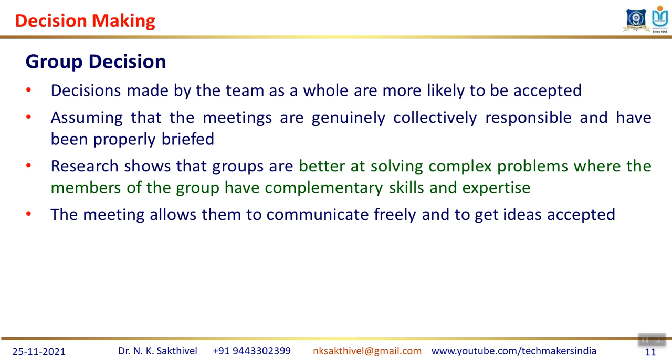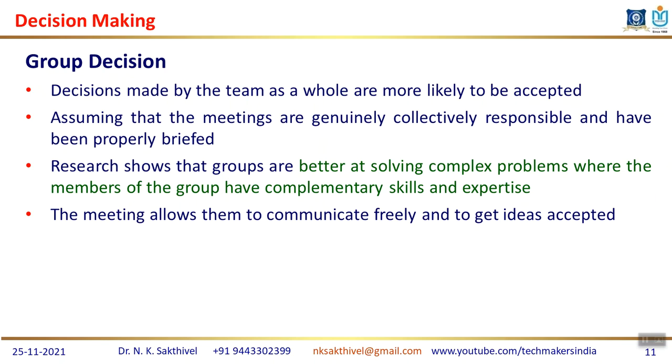So what is a group decision? You know very well. Sometimes an individual employee cannot take a decision or should not take a decision. So at the time, the senior members, the board members wanted to discuss a problem to find the best optimized solution. That is called group discussion, you know very well.